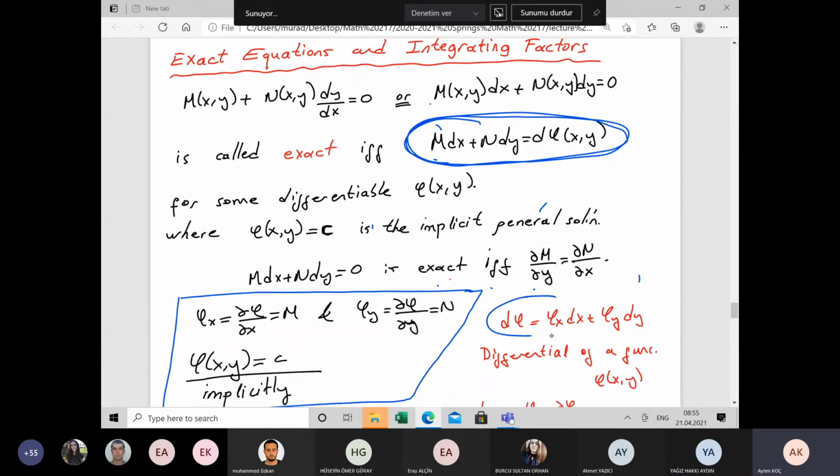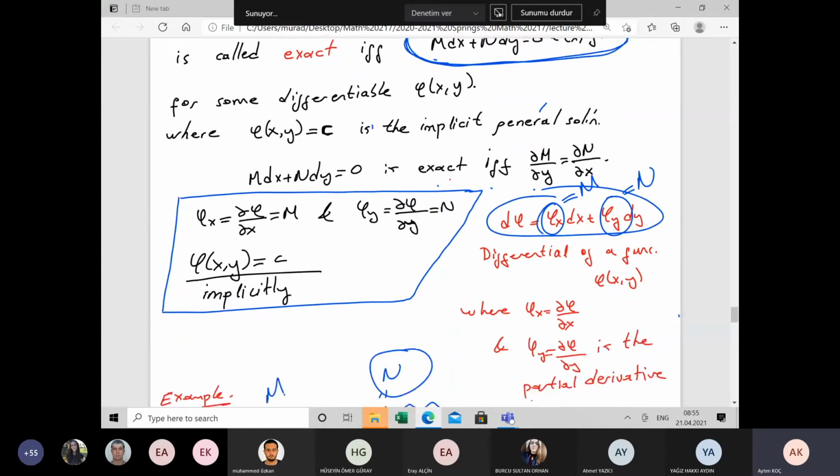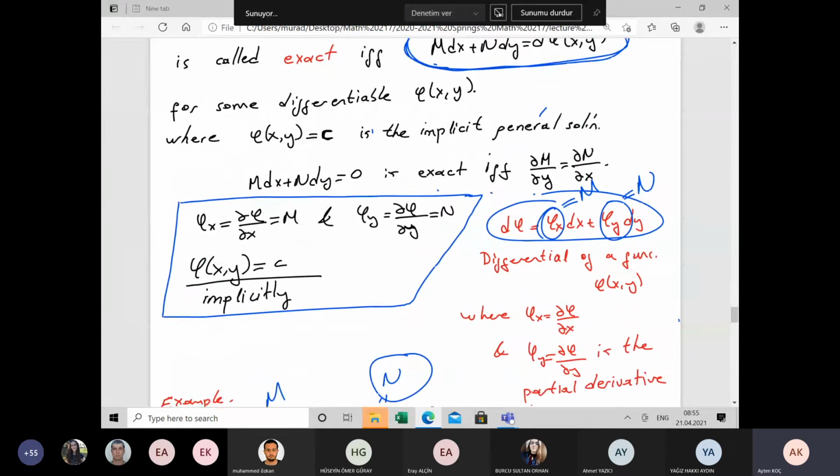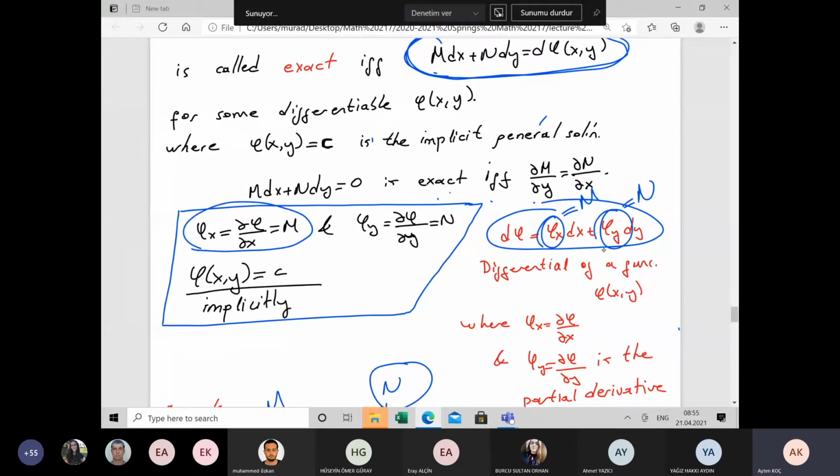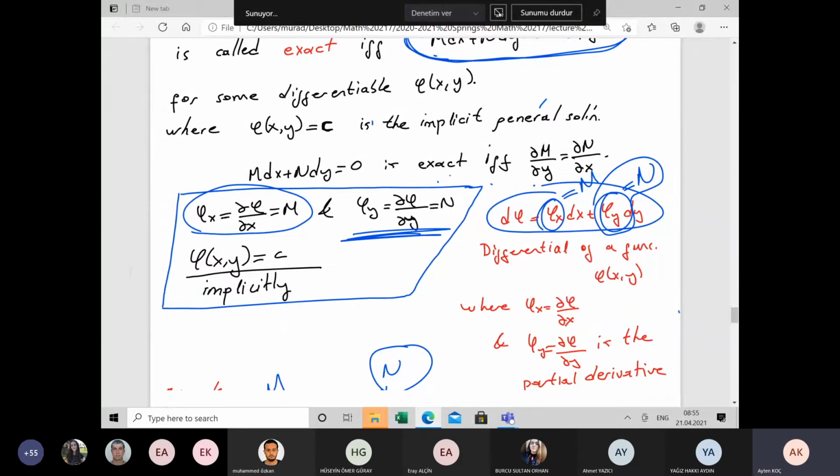This one should be M, this one should be N. Then use this equality: phi sub x should be M, and also phi sub y should be N. Use this equality to find the function phi.